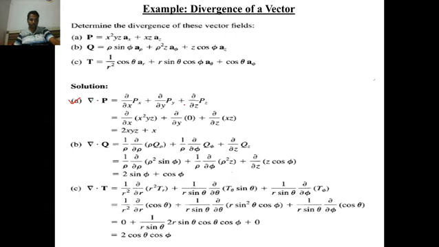I explained how to memorize this particular formula, and straight away you write down the x component of p bar. What is the x component of p bar? This is the x component of p bar. This is the z component of p bar, and what is the y component of this given vector? 0.